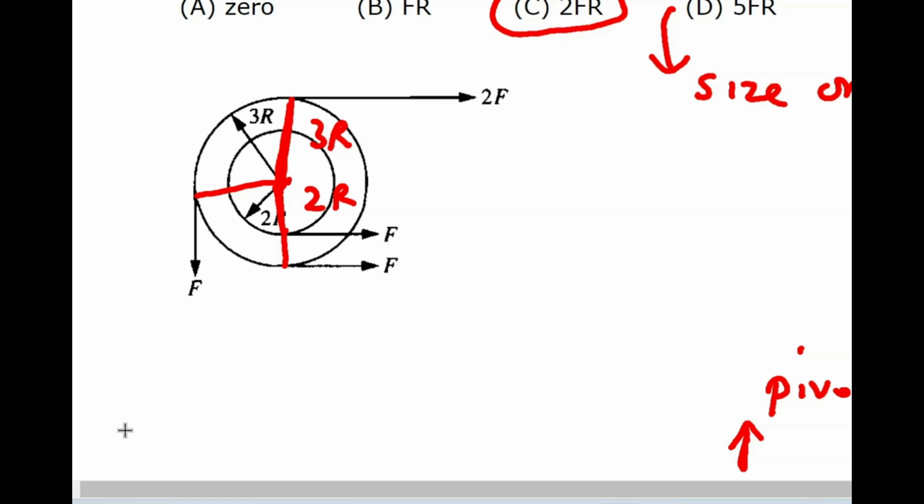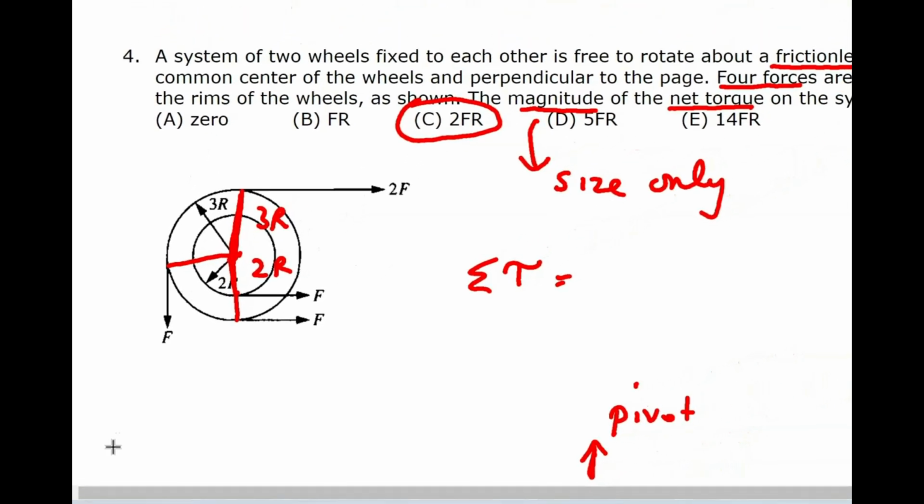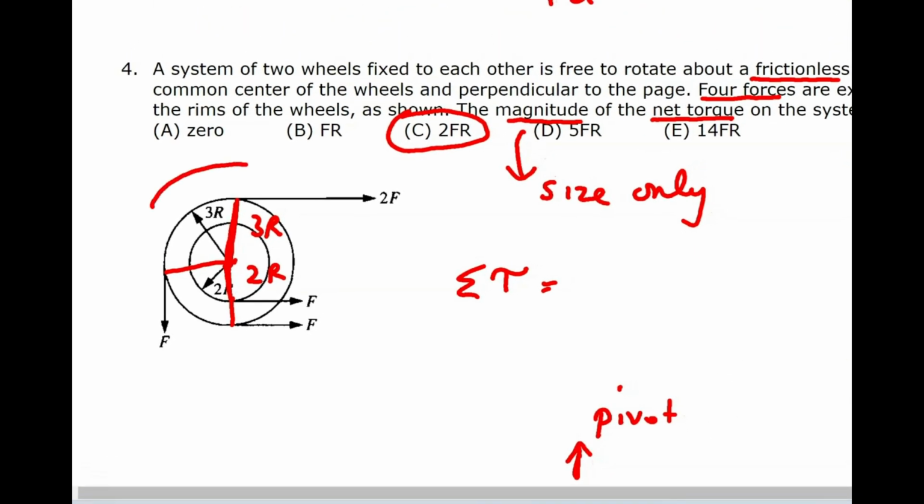So let's see. What's the question? What is the net torque? The sum of the torques. So what are the positive ones? This is clockwise, and this is counterclockwise. So this would be a clockwise torque, a negative torque.